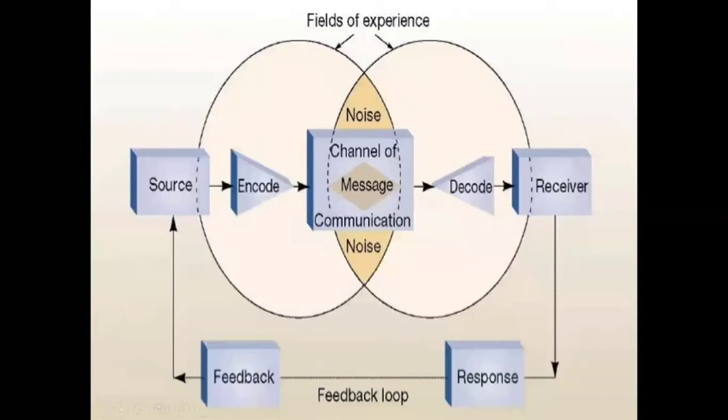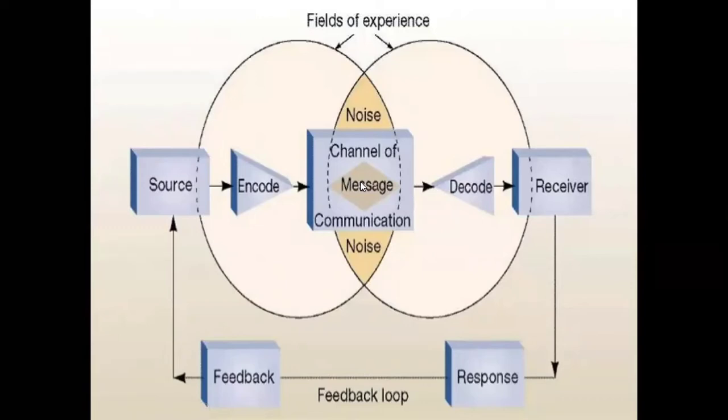The same channels are seen in both. For example, the telephone is the channel, or the media. Both the source and receiver use the telephone for sharing feelings or information.